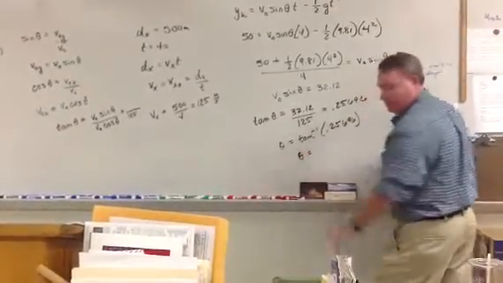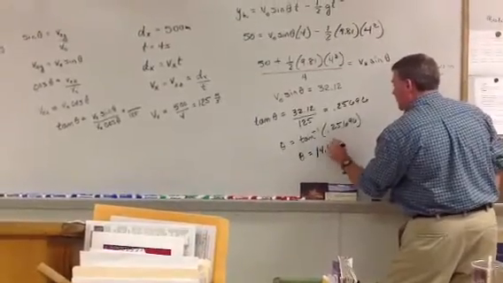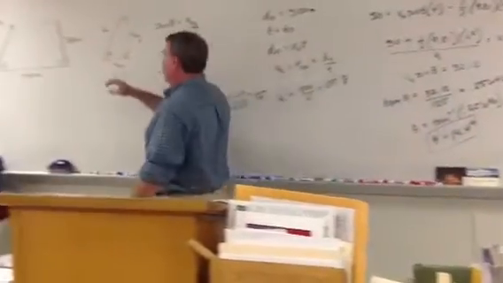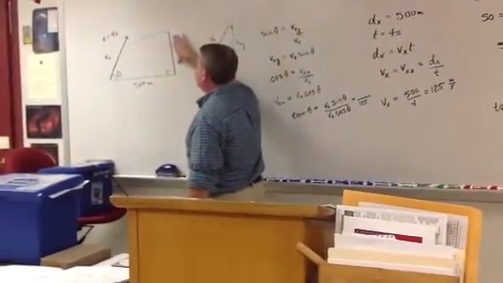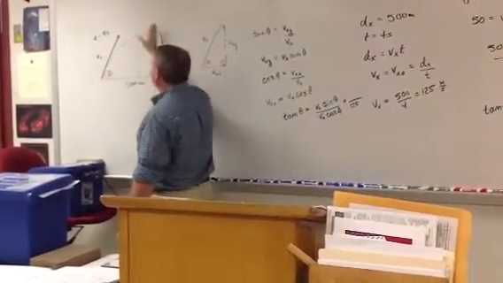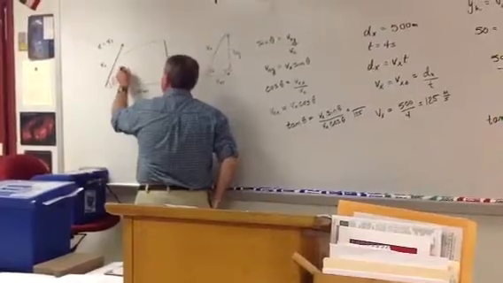And theta is going to be equal to 14.4 degrees. And what this means is that if you have a building with a height of 50 meters, and you're standing 500 meters away, you launch an object, it takes 4 seconds to get to that object, this angle theta has to be 14.4 degrees.